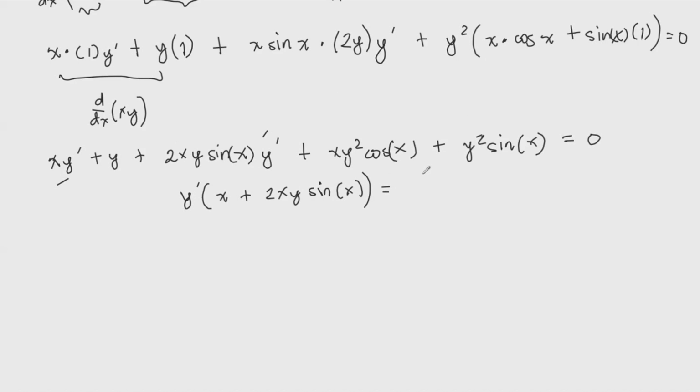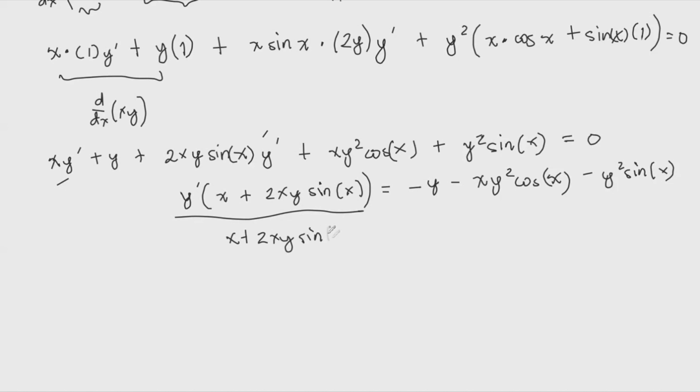So what we'll be getting is negative y and then minus xy squared cosine of x and then minus y squared sine of x, and then we divide all of that with what's multiplied with the y prime just to eliminate it and just to have y prime at the left side alone.